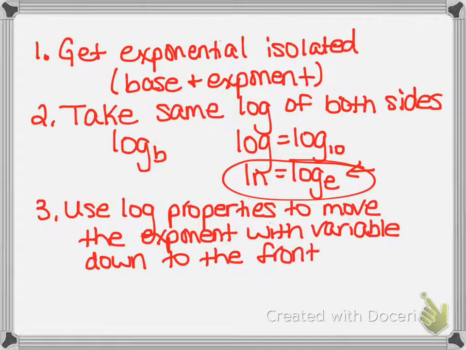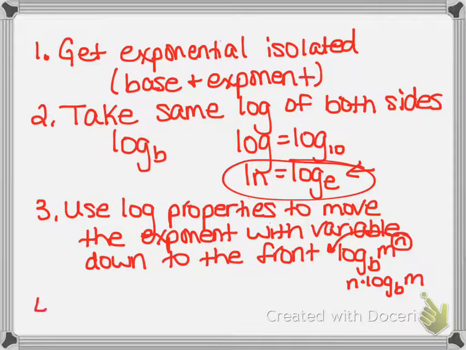And that was another one of those log properties that we reviewed the other day that says if you have log base b of m to the power of n, that n will move down to the front and become a coefficient. And so it would end up being n times log base b of m.